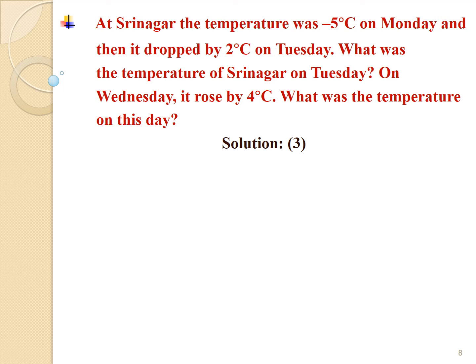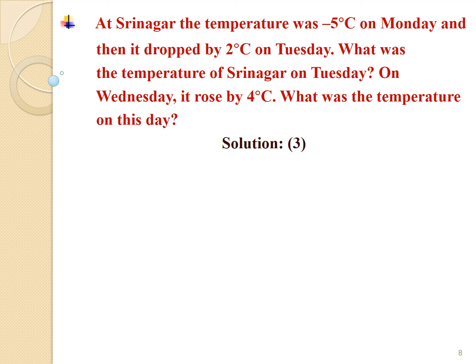And we have to find the temperature of Srinagar on Tuesday as well as temperature of Srinagar on Wednesday. And it is clearly given to us that on Tuesday temperature was dropped by 2 degrees Celsius.